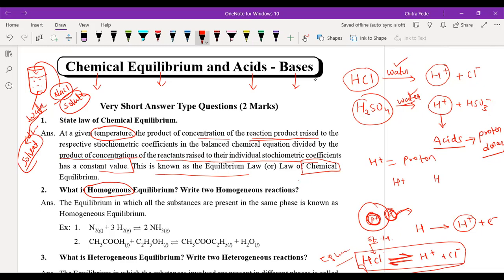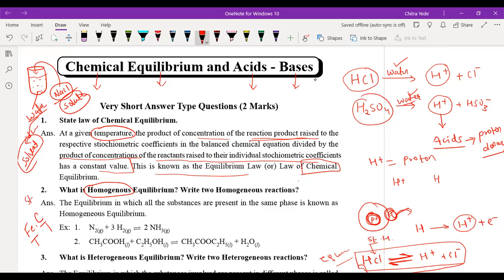In stainless steel, the utensil that you are using at your home, stainless steel objects, can you see what is stainless steel? It is the alloy of ferrous and carbon. So are you able to identify carbon atom and ferrous atom in the homogeneous mixture of steel?